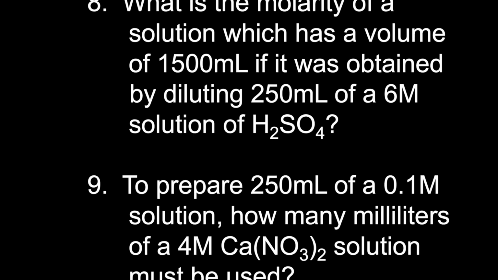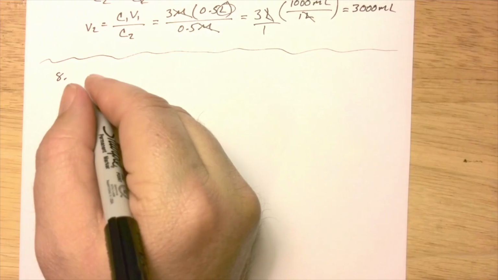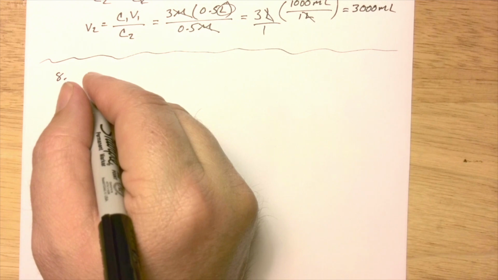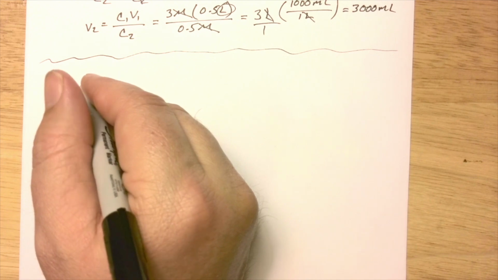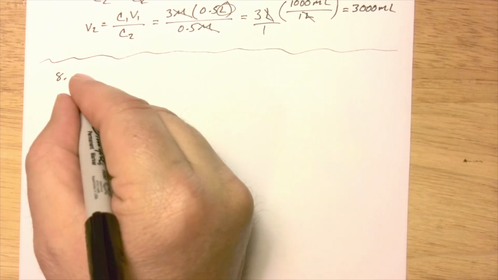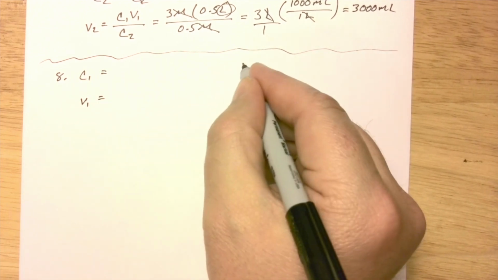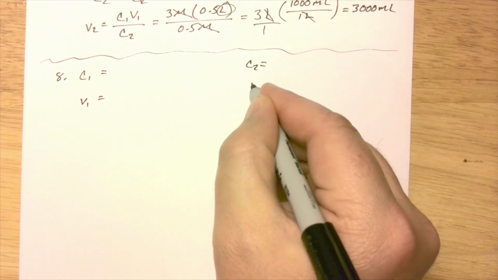Number 8. What is the molarity of a solution which has a volume of 1,500 milliliters if it was obtained by diluting 250 milliliters of a 6 molar solution of sulfuric acid? All right, so C1 V1 is equal to C2 V2.